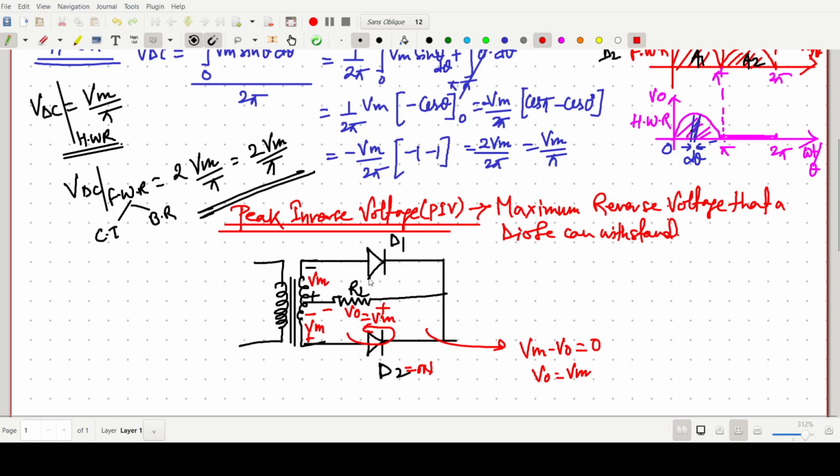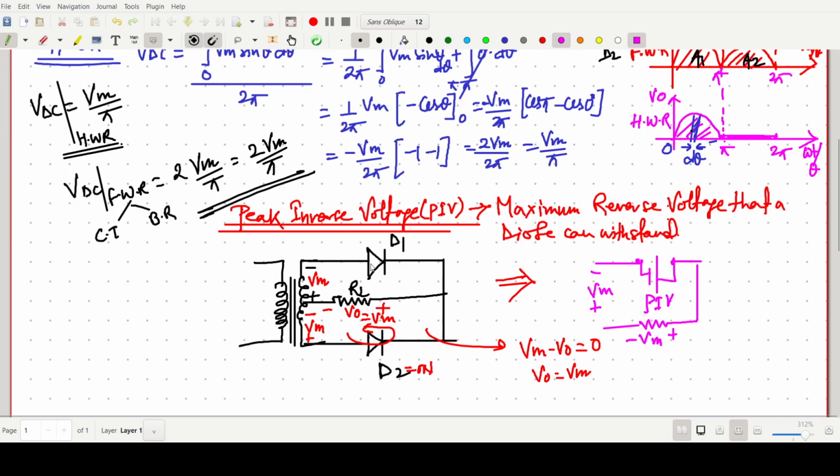Now we have to think about the peak inverse voltage. Peak inverse voltage is the maximum reverse voltage that a diode can withstand. In this case we can directly replace this diode D1 with a voltage, a negative voltage, that is our reverse voltage, PIV. The voltage here is Vm, and the load value will be plus minus Vm.